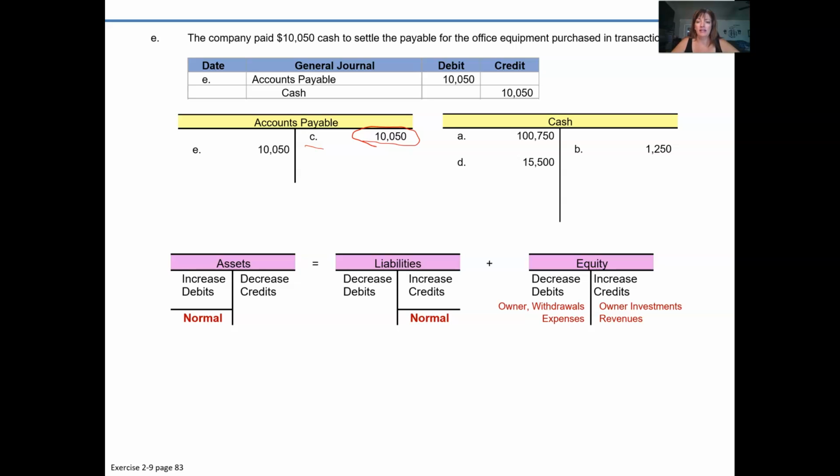So when we pay it, it's going to be on the opposite side to decrease it, which will give us a balance of zero now that we've paid it off. When you charge, you credit accounts payable. When you make a payment, you debit accounts payable. And then we credit cash because we are paying it, we are writing a check.